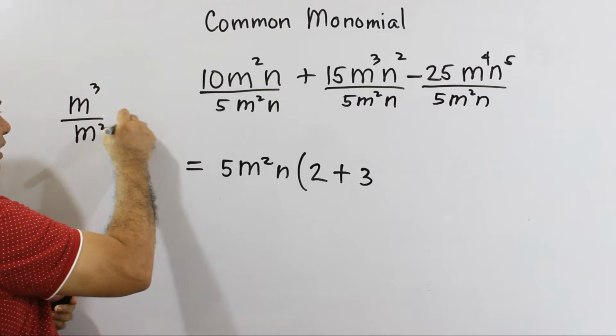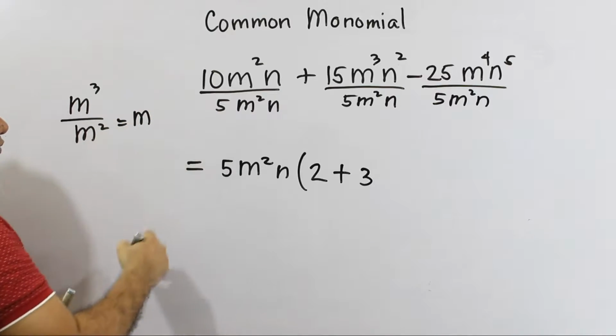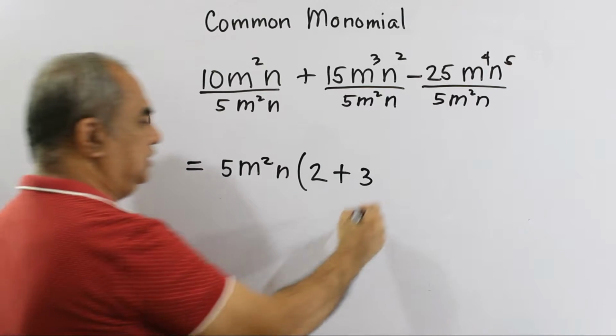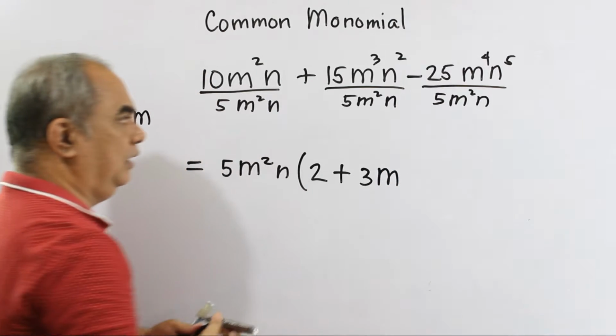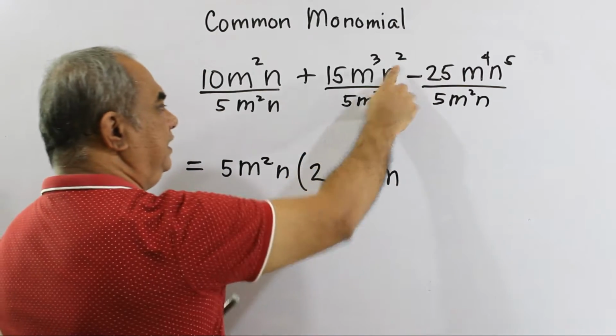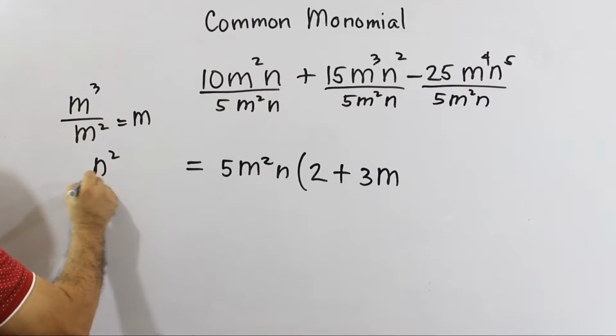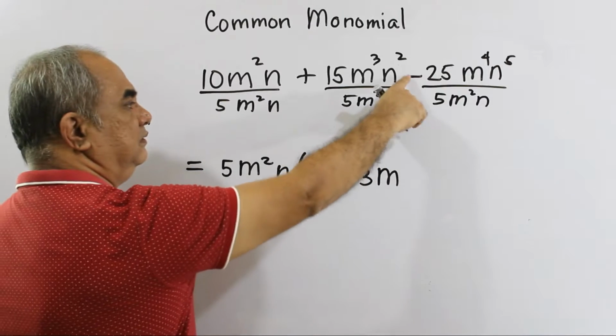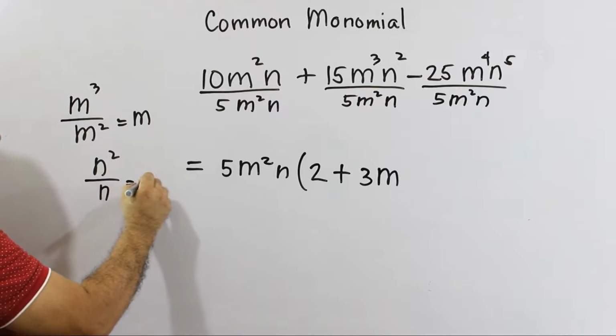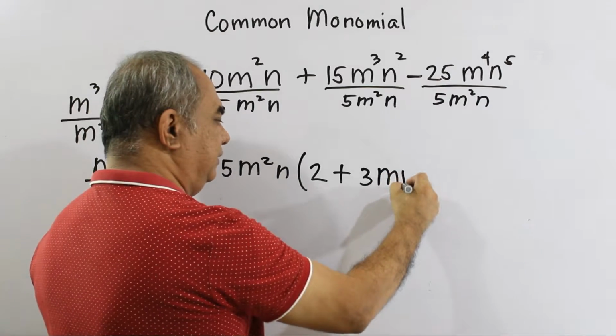So this means we have a quotient of m. We don't have to write the 1 here anymore, so you write here the m. Just the same, n squared over n, and the answer to this is nothing but n. So you write here n.